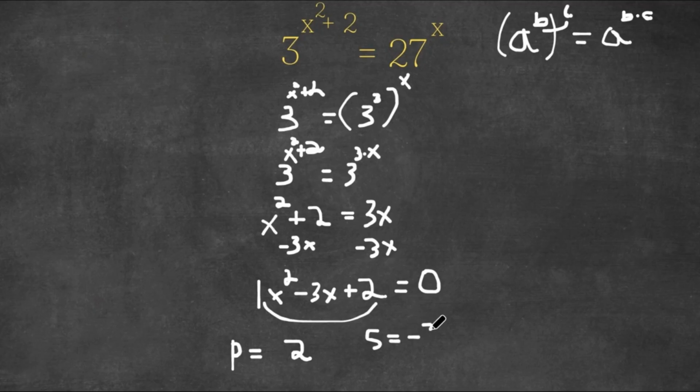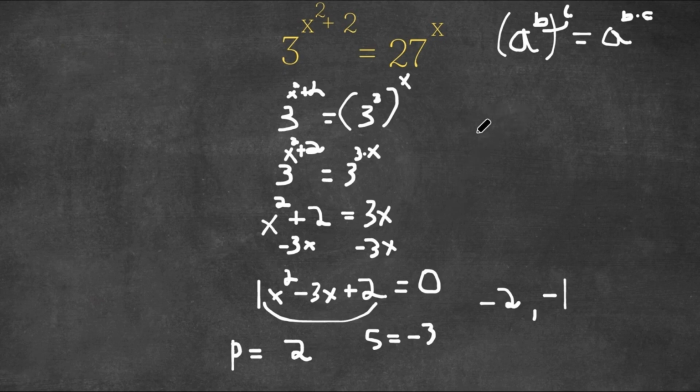So we have to figure out what two numbers multiply to get 2 and add up to get -3. Those two numbers are -2 and -1, because if you add these two, they get -3, and if you multiply these two, they get 2.